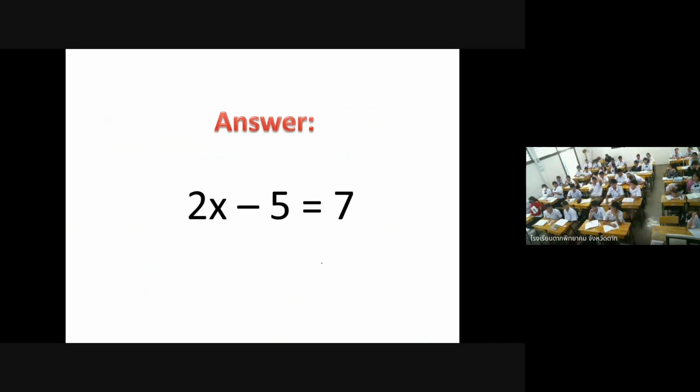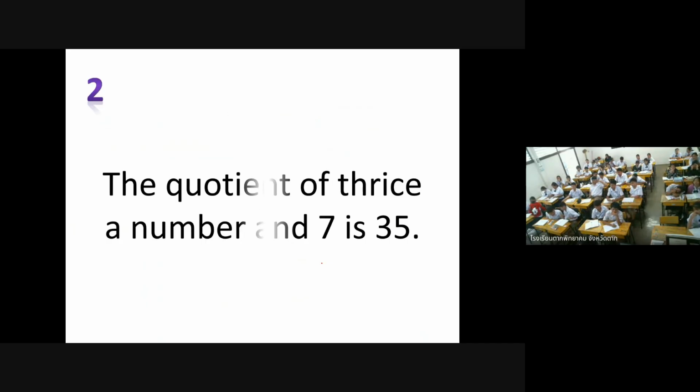The quotient of thrice a number and 7 is 35. I will get the score, okay? If you're correct for that, one check.